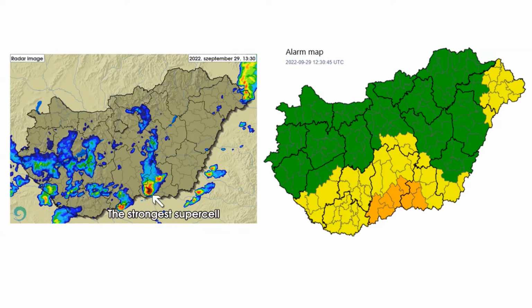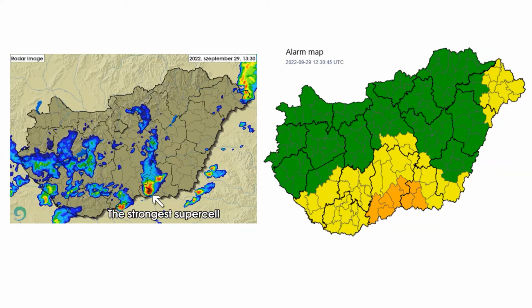I want to tell you that our colleague on shift did a very good job, because as you can see in the alarm map, she issued level 2 with appropriate time advantage.